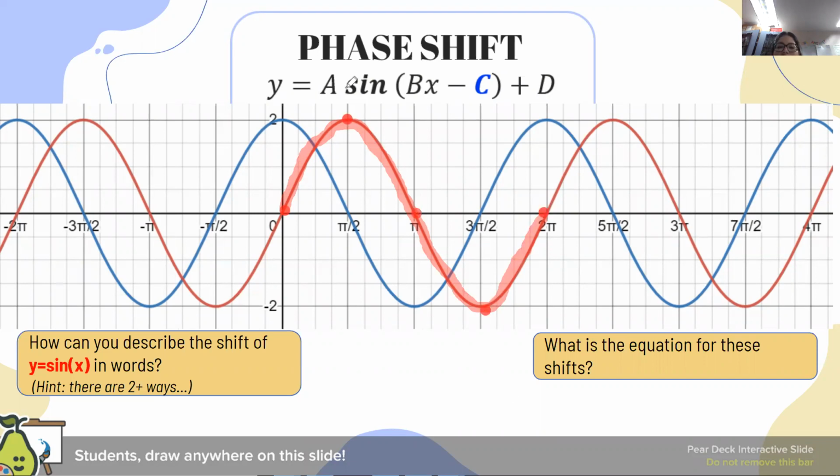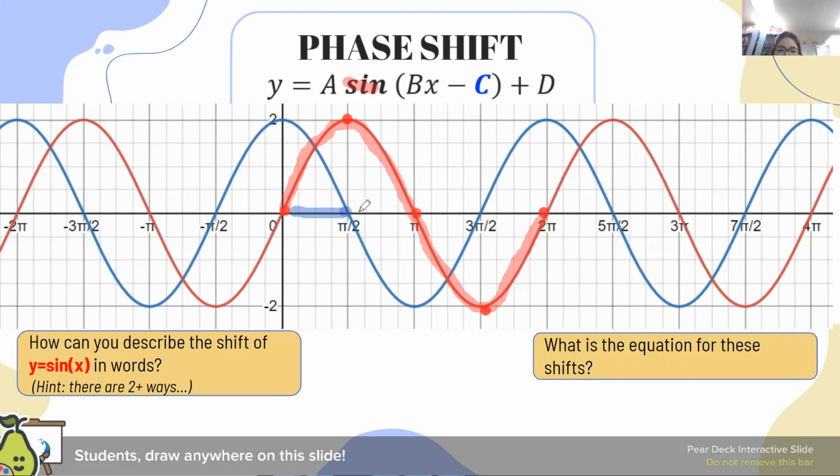That is one cycle of sine. But how can I describe the shift of sine in words? There are multiple ways that we can describe this. If I want to shift sine and I need it to go up first, I notice that if I shift it over pi over 2, I'm going down. That is not going to work.